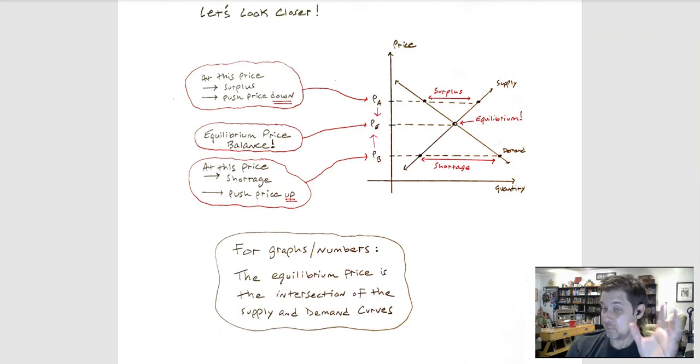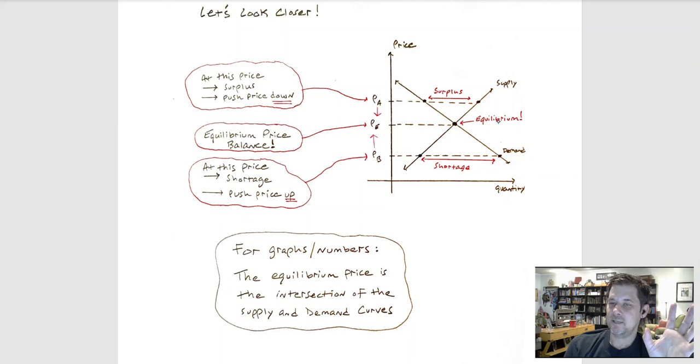Now notice this point where the supply and the demand curves intersect each other is the one and only point on my graph that doesn't have a surplus or shortage associated with it, and in turn is not going to have some price tending to push away from itself either down or up. Okay, now that's the equilibrium. With the word equilibrium, think balance, right?